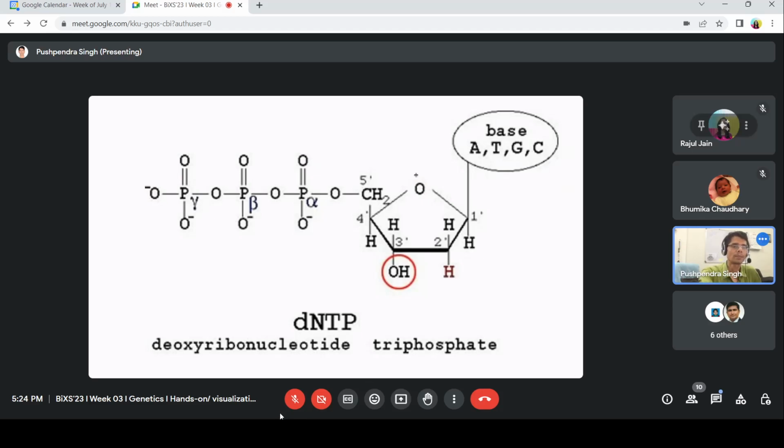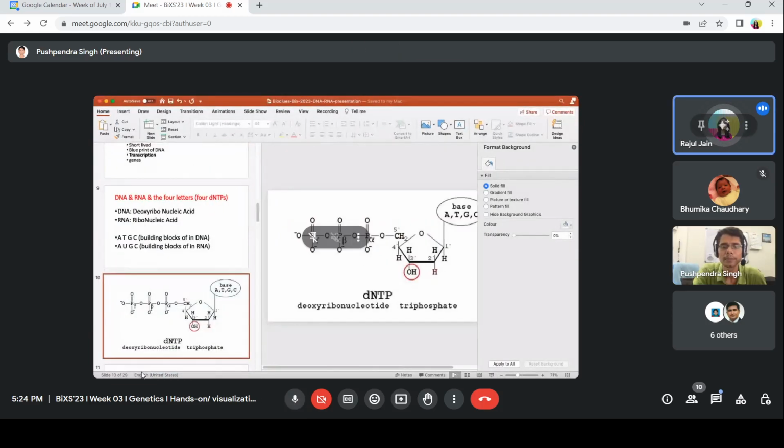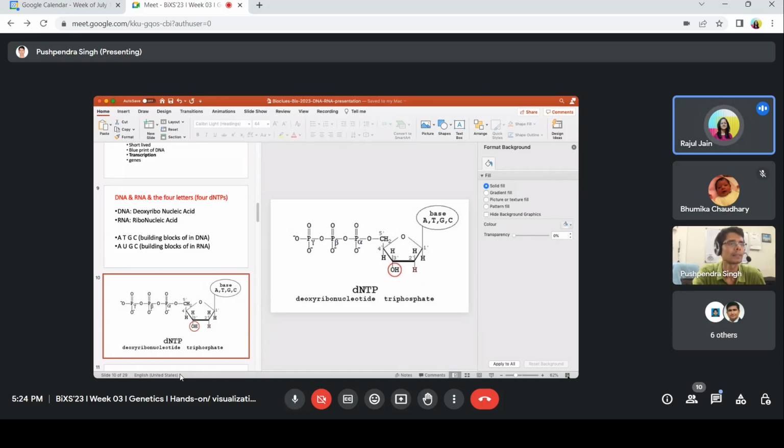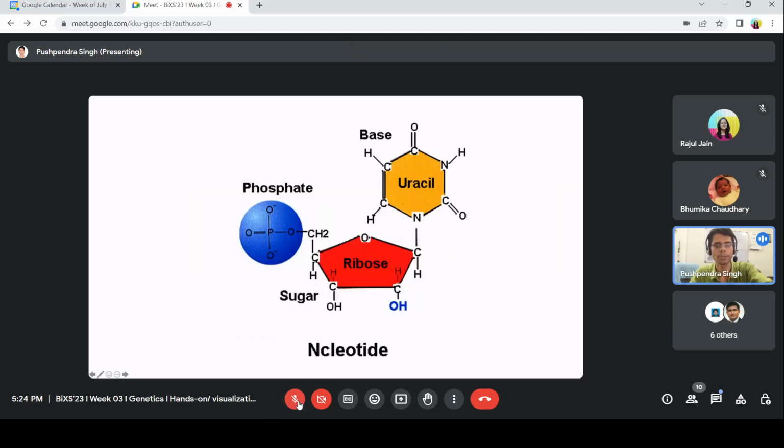Rajul, may I know how to basically use the cursor? Pointer option. Okay, I am using the arrow. Okay, yeah, thank you.